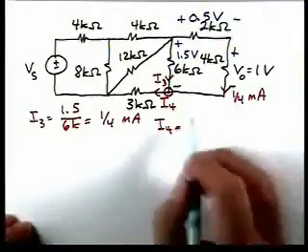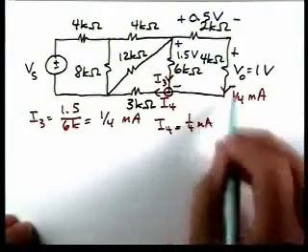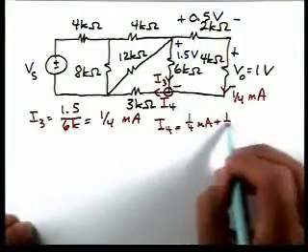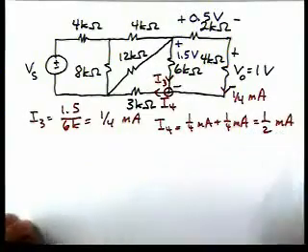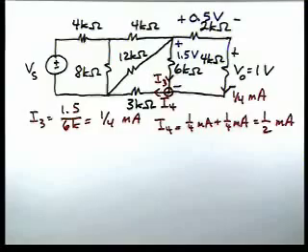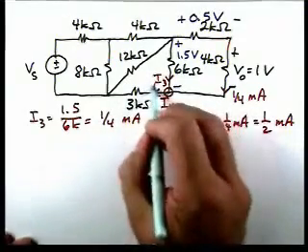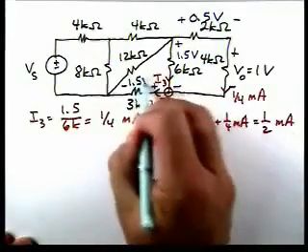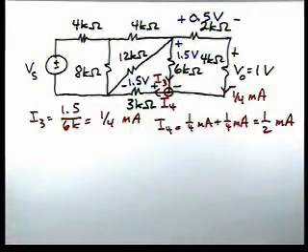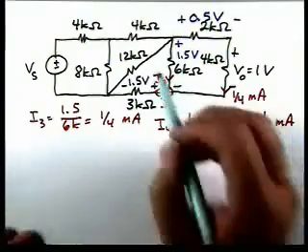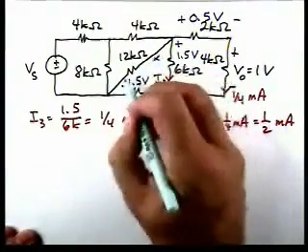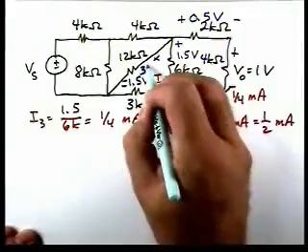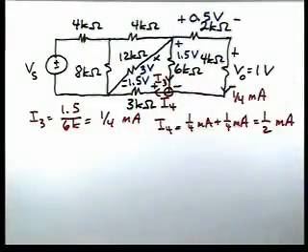So I4 is 1/4 of a milliamp, coming from this branch, and another 1/4 of a milliamp. So it's 1/2 of a milliamp. Now, that tells me that the voltage across this resistor is 1.5 volts with that polarity. Now, if we apply KVL around this loop, that tells us that the voltage across this resistor is 3 volts with that polarity.